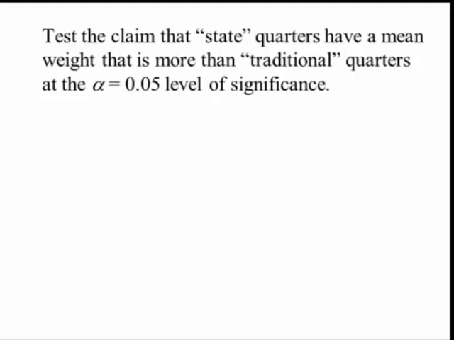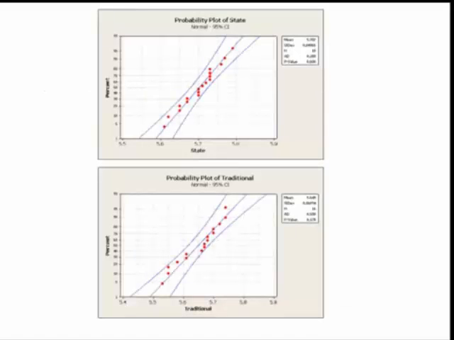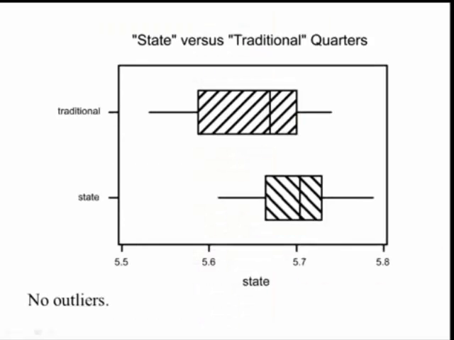So our first step, since our sample sizes are less than 30, we must use the probability plot in Minitab, or we could use the QQ plot in StatCrunch to see if these samples are coming from a population that is normal. So here's for state quarters, looks good. Here's the probability plot for traditional quarters, looks good. If we want to double check, we can do a box plot and we see there's no outliers for either one.